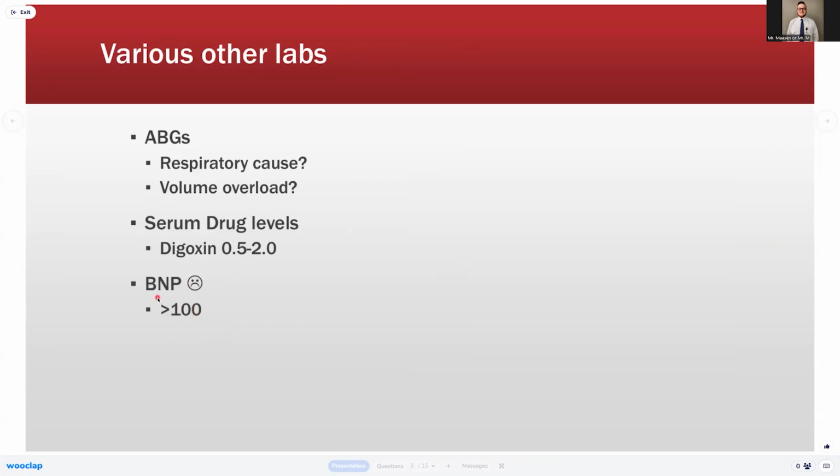So a derivative of ANP, atrial natriuretic peptide, is called BNP. So it's a derivative of that hormone made by the atria. If this is elevated, it usually indicates congestive heart failure. Basically, if this BNP lab result is elevated, it indicates heart failure typically and increased stress on the cardiac muscle.